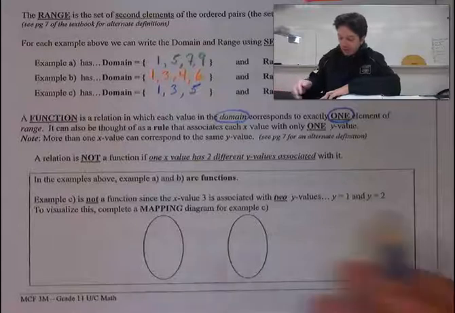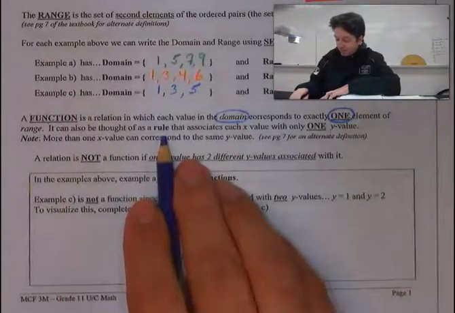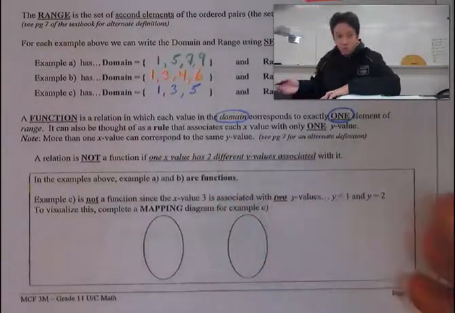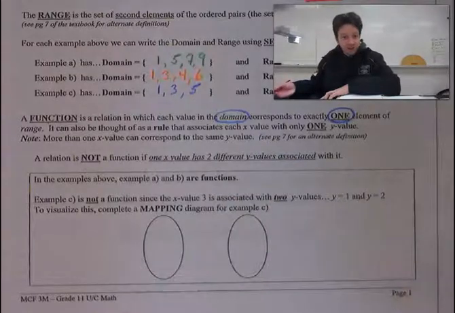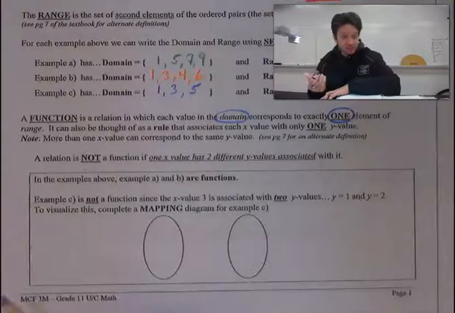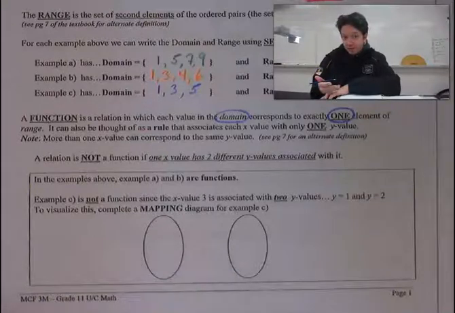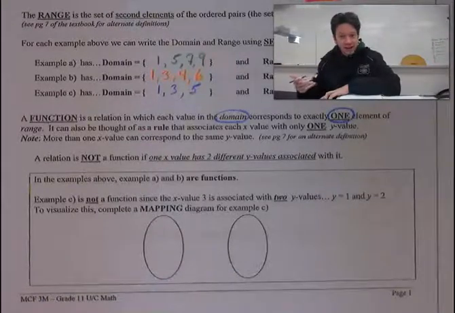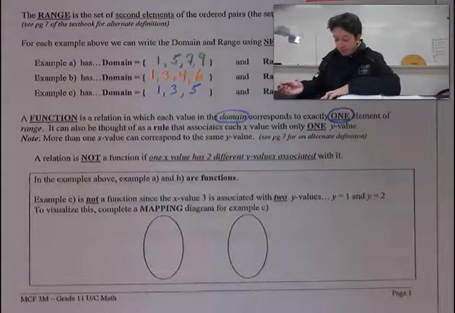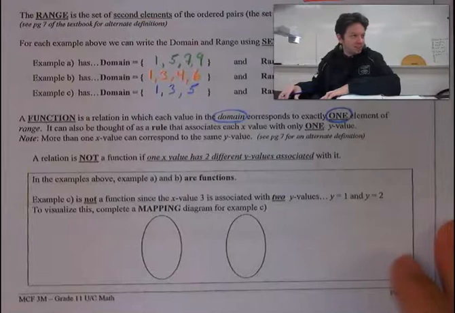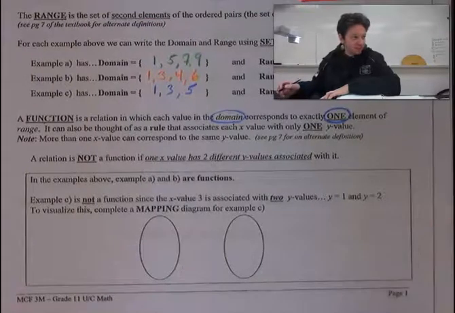Just one. You can't have a domain value correspond to 2 elements in the range or more. So you can think of it as for each x value, there's only one y value, not more than that. The other way, vice versa, is possible. You can have multiple x values for any y value, but you cannot have multiple y values for any x value. So let me go over an example to see exactly what I mean here.